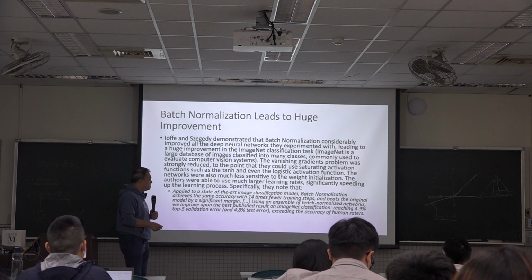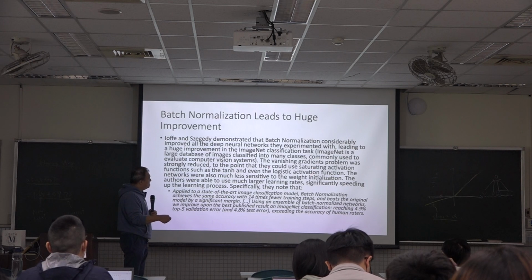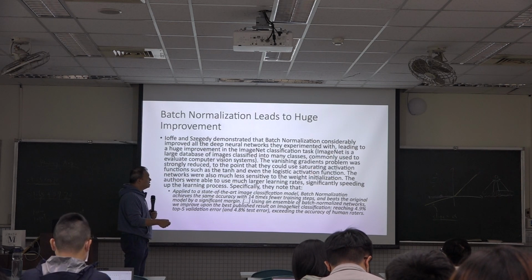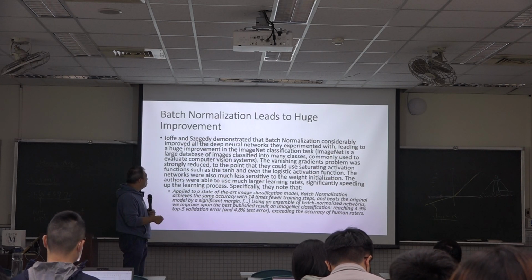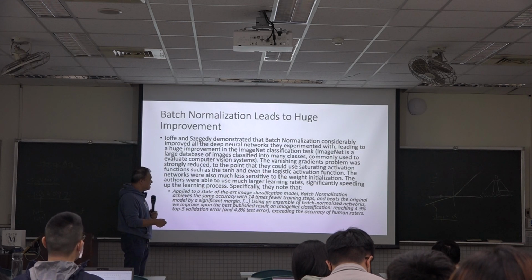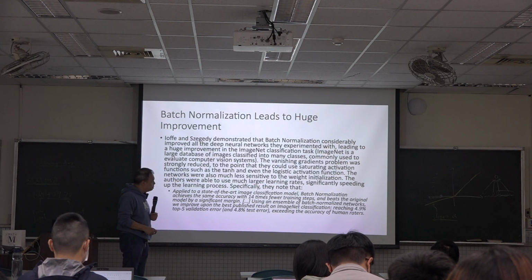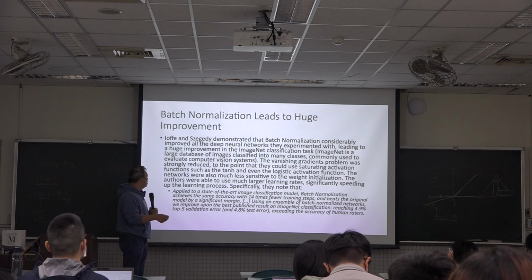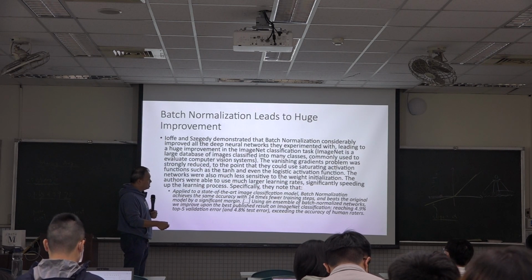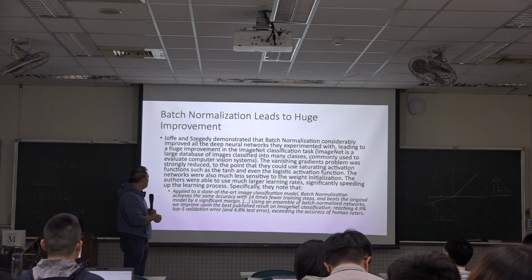This is a very powerful technique. The networks were also much less sensitive to the weight initialization, so even if you don't use a particular weight initialization, it's still fine. The authors were able to use much larger learning rates, significantly speeding up the learning process.